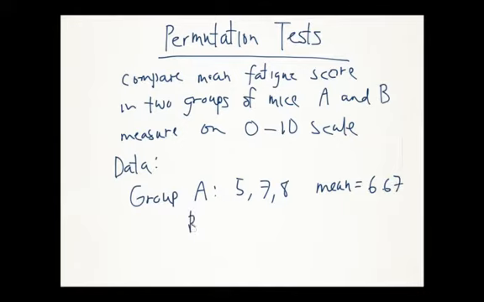And then in group B, suppose the fatigue scores are 3, 4, and 6, so that the mean fatigue score is equal to 4.33. Okay? And so the observed difference between the means is going to be 2.34.